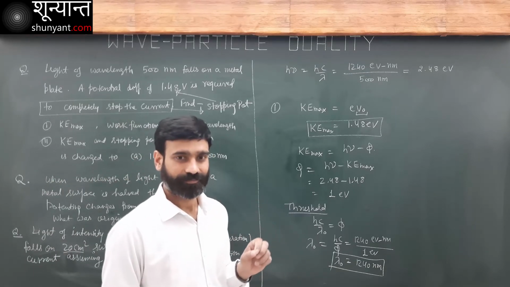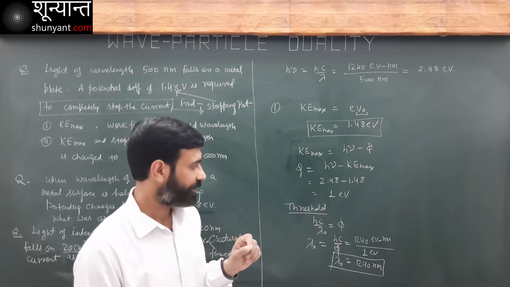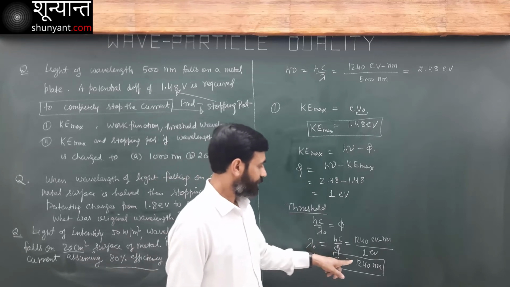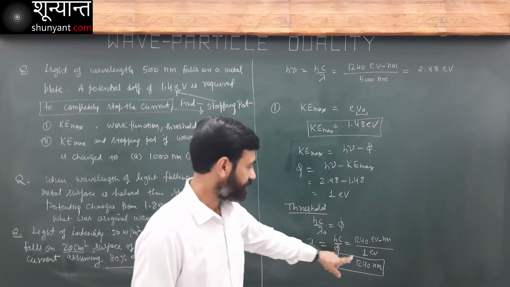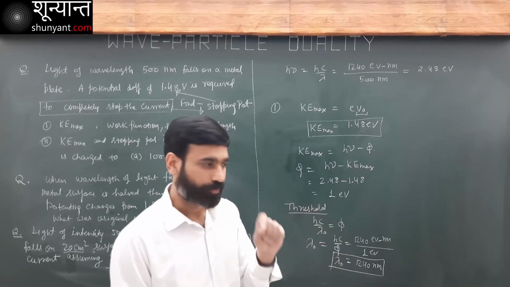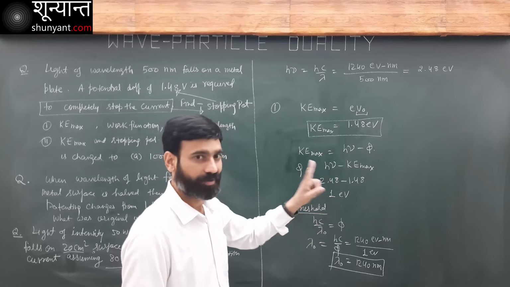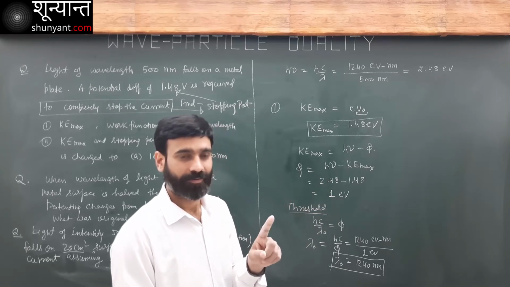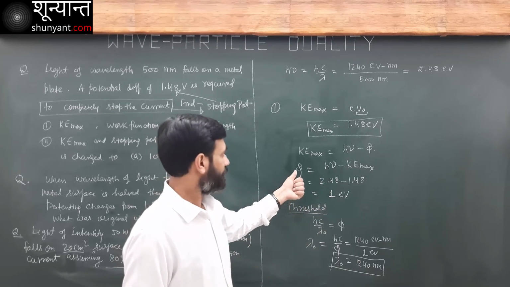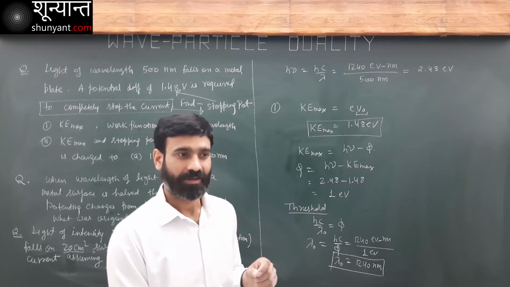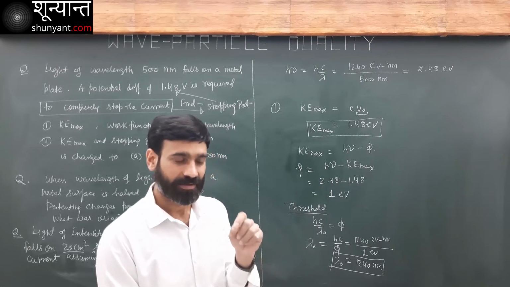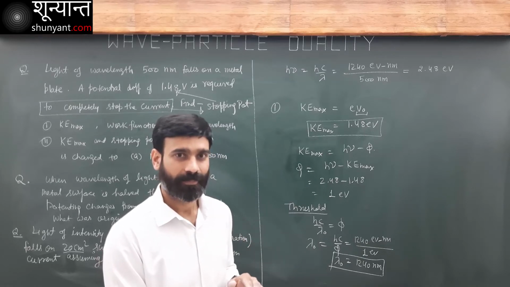That means if the wavelength of light is exactly this, the energy of the photon will be 1 electron volt. Work function is also 1 electron volt. So when the electron is ejected, it is ejected with zero kinetic energy.